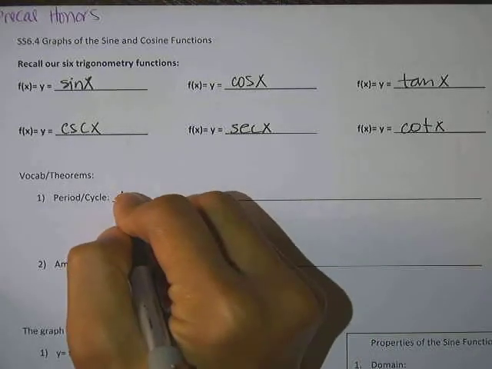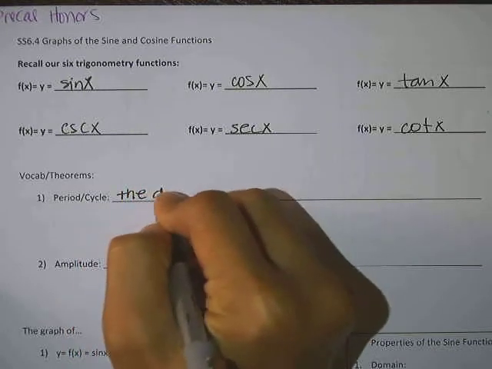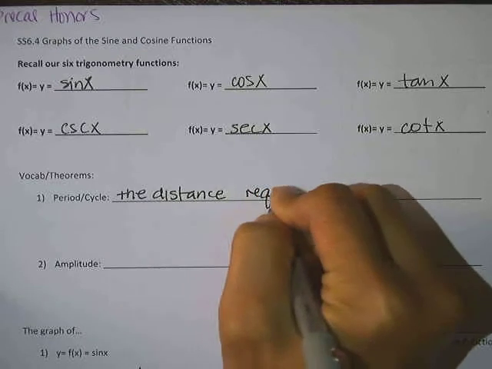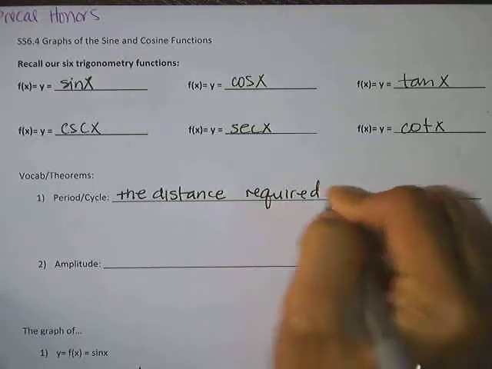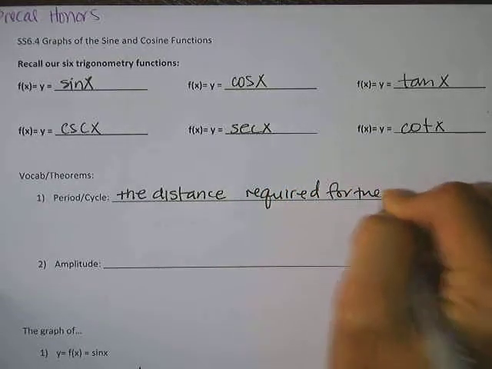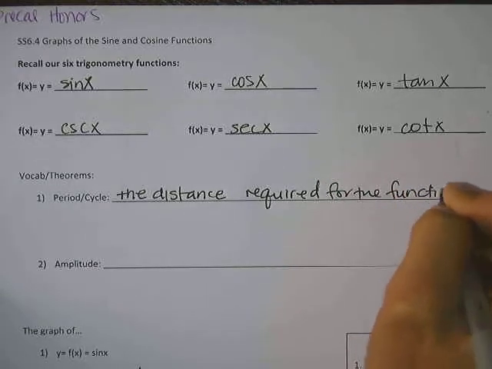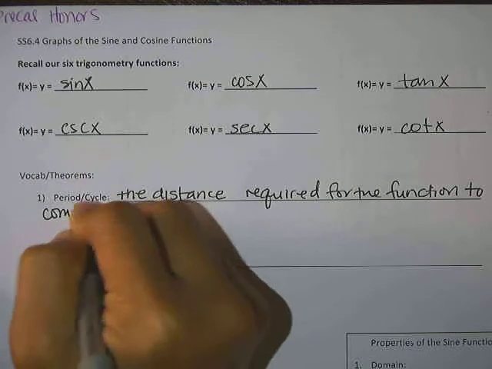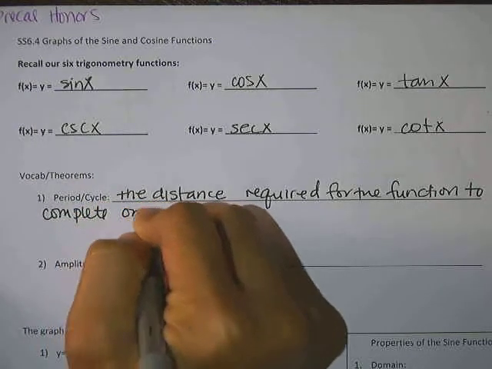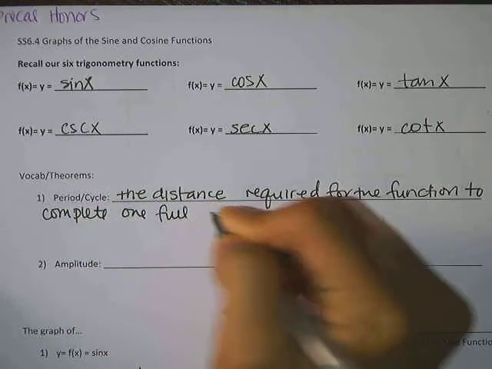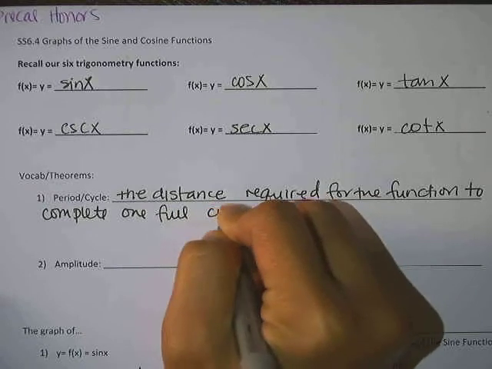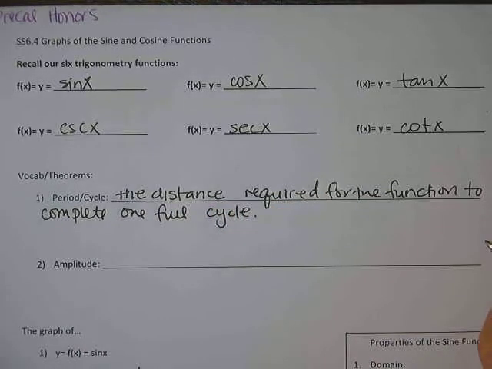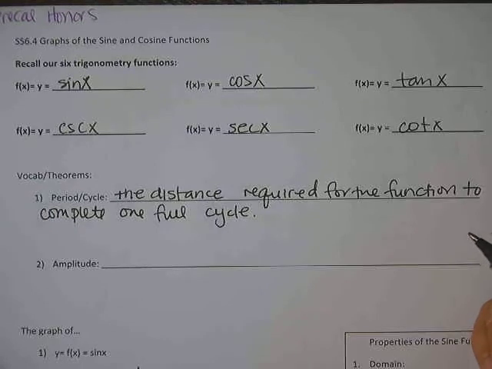It is the distance required for the function to complete one full cycle. Because it's a distance, we're going to talk about absolute value.